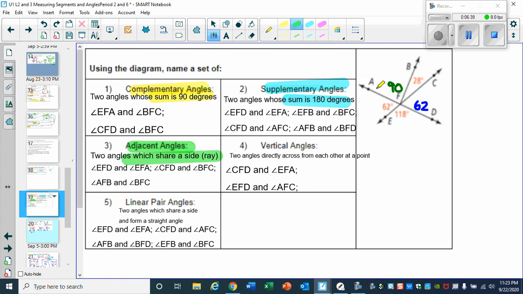Last but not least, AFB, BFC. That's another example. Technically, you could have even gone AFB, BFD. That could work too, because they technically both share a side. These are just some examples, but that is also a pair.